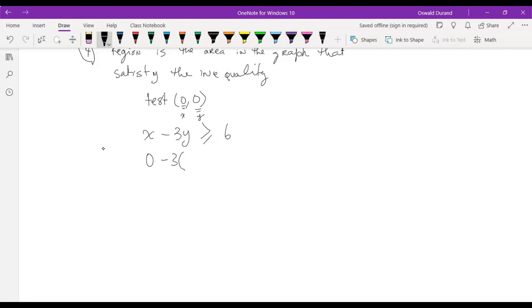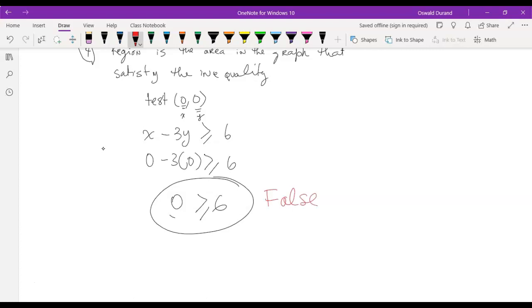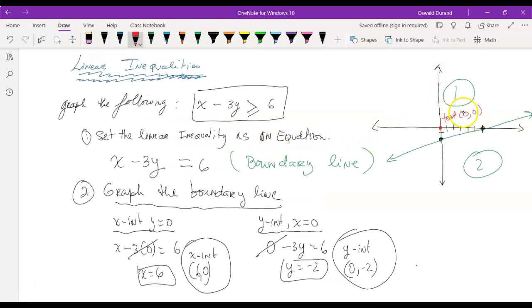Plug them in: 0 minus 3 times 0 must be greater than or equal to 6. 0 minus 0 is 0, and is 0 greater than or equal to 6? Now, is the statement false or true? It is false, because 0 is not greater than or equal to 6. That means that the point (0, 0) does not satisfy my inequality. So this is not the region.